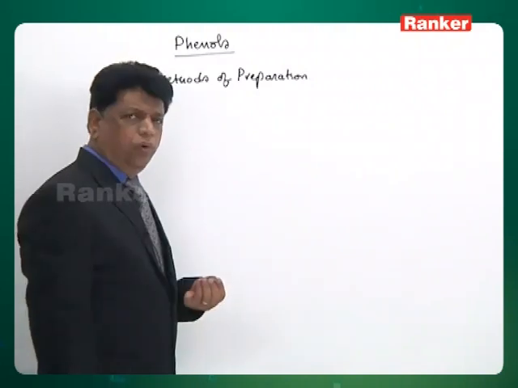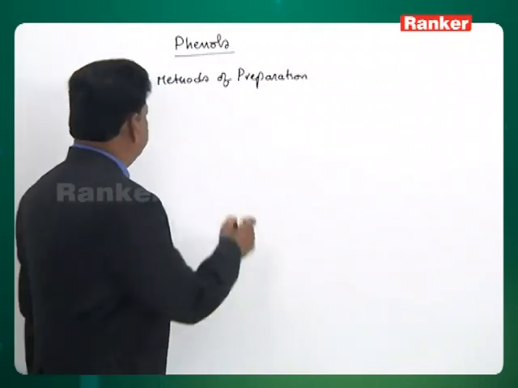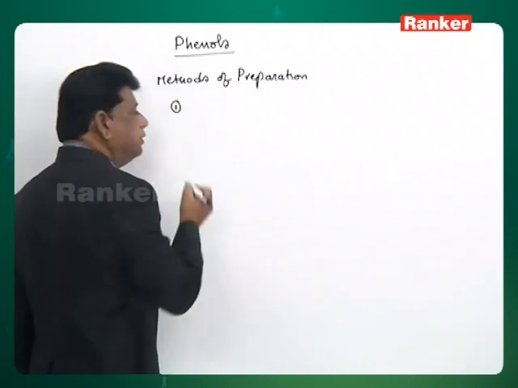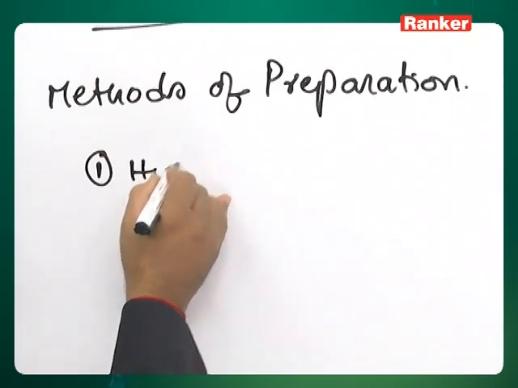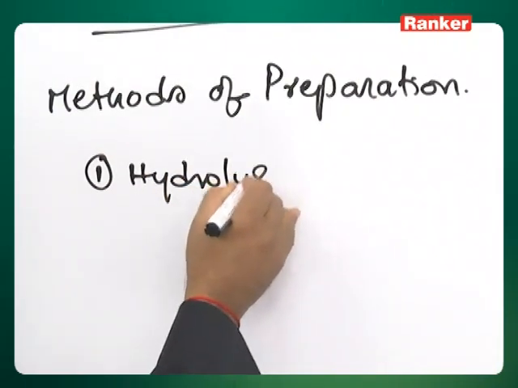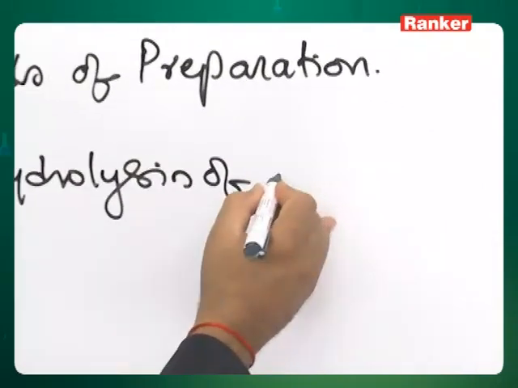There are four common, commercially feasible important methods. All are commercially feasible methods. One is the hydrolysis of phenyl chloride or chlorobenzene.